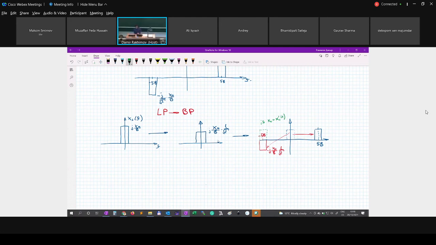I answered that it was just an intermediate result where we normalize amplitude for further steps, but we don't have a special name for this plot. Usually we just name the first plot as spectrum in the low pass range, and we have the resulting plot, which is the spectrum in the band pass range, which we can denote as x of f. And that's all. Of course, we can have multiple intermediate steps, but we don't give names to them.